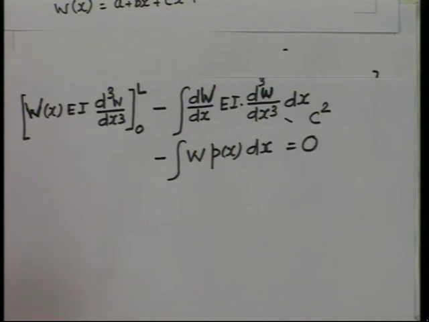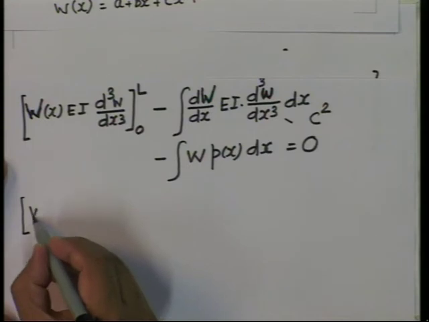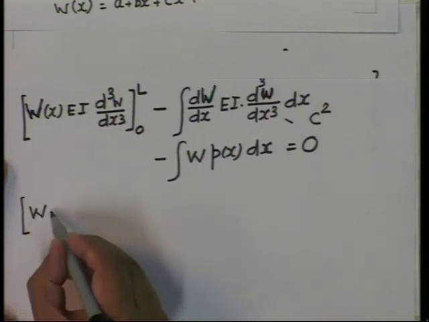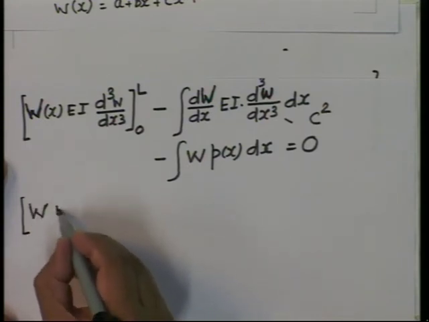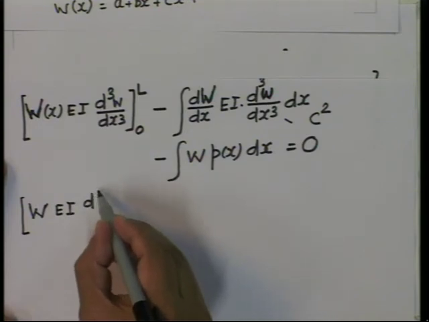But I think we can further reduce it. The capital W boundary term has no integral here, so it will remain as it is.